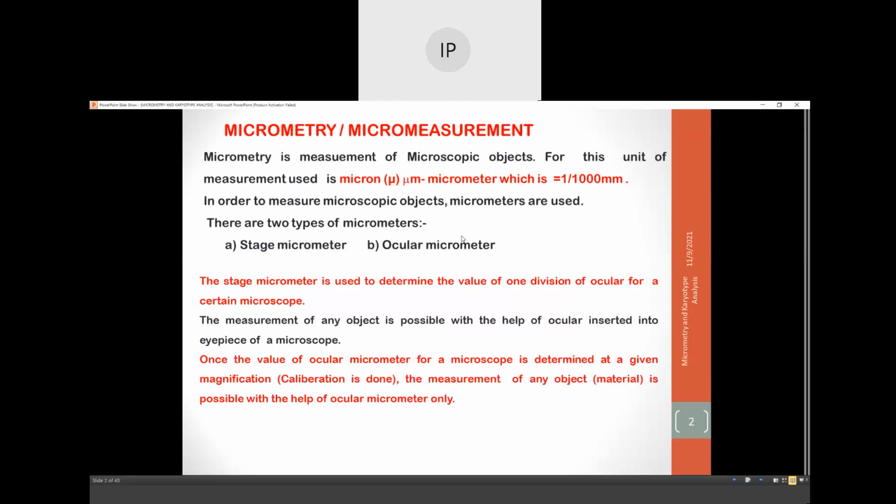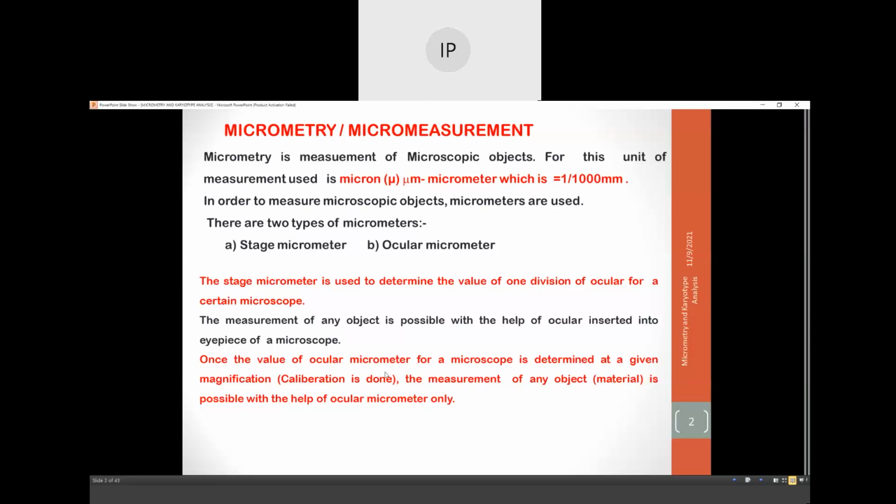There are two types of micrometers: stage micrometer and ocular micrometer. The stage micrometer is used to determine the value of one division of ocular for a certain microscope. The measurement of any object is possible with the help of the ocular micrometer inserted into the eyepiece of a microscope.